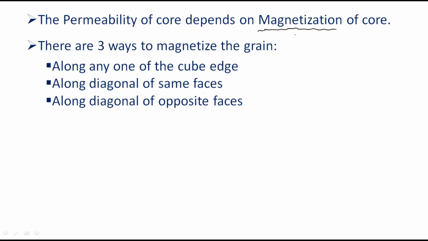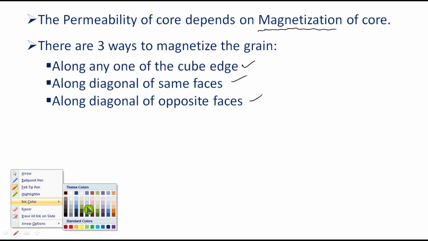So for that there are 3 ways to magnetize the grain. So first one is what? Along any one of the cube edge, or along diagonal of same faces, or along diagonal of opposite faces.